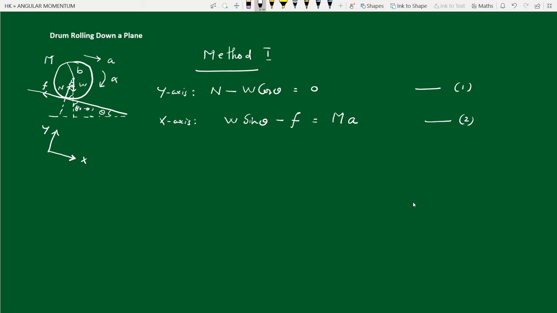If you take the center of this circle, this cross section of the drum, as the origin, then the torque due to W will be 0, because W is acting at this center. We are considering the center of mass actually here. The circle is actually a cross section of the drum along the center of mass. So this origin is the center of mass.